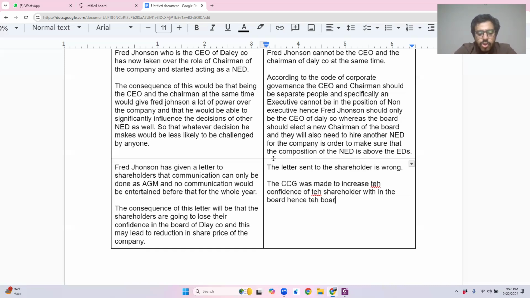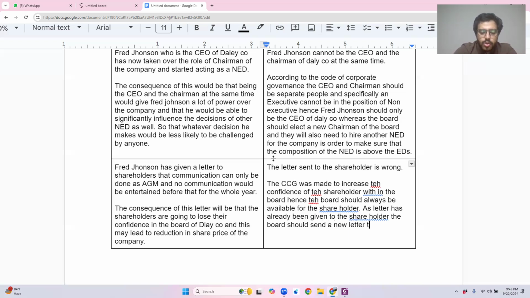Hence, the board should always be available for the shareholder. As the letter has already been given to the shareholders, the board should send a new letter to the shareholders of Daley Corporation and state that the previous letter has been voided.